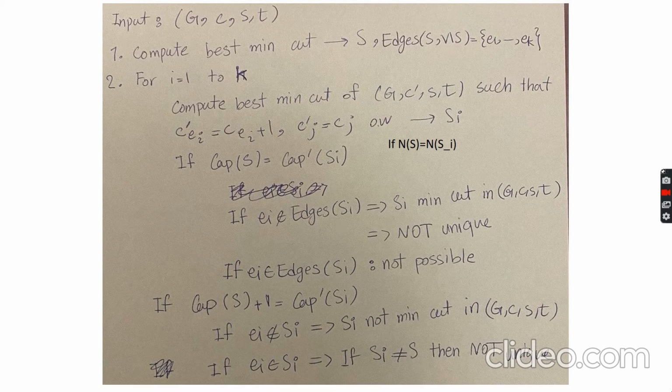And you know that that best min cut exists, you know its capacity is equal to the capacity of S, and you know that it doesn't have EI. So if such a case exists, then it has to be found here, right? That best min cut, yeah, exactly. This case is where we catch another best min cut if it exists.